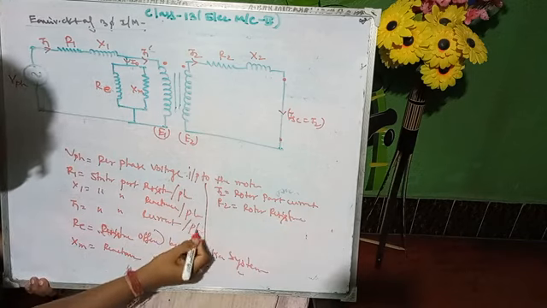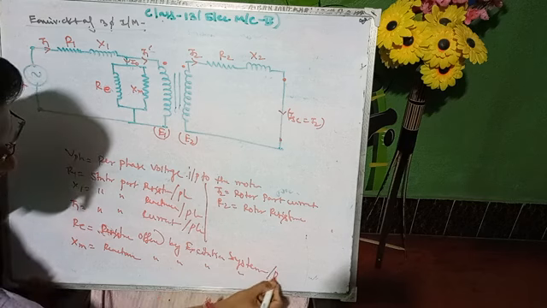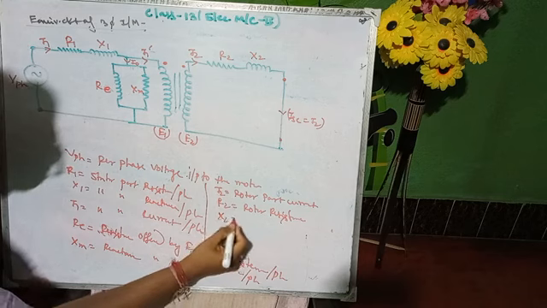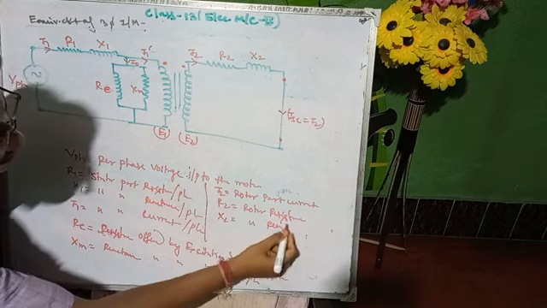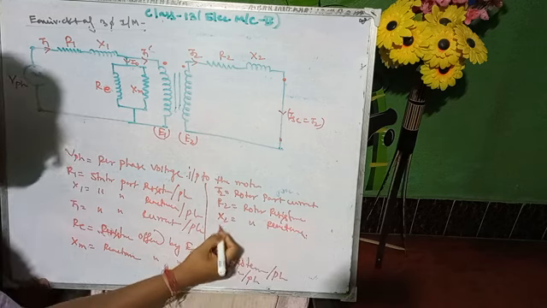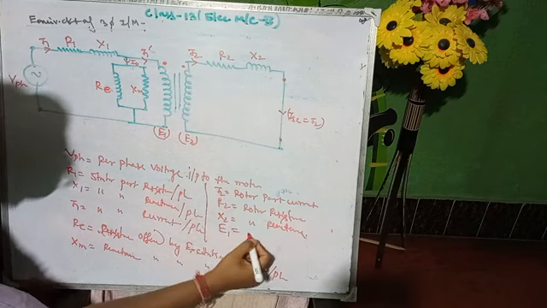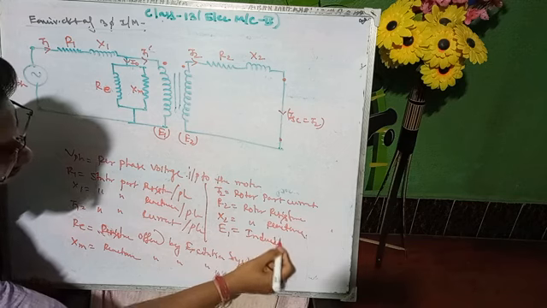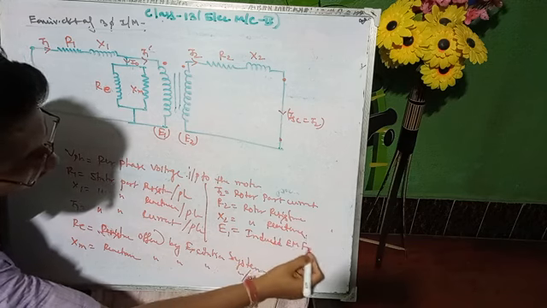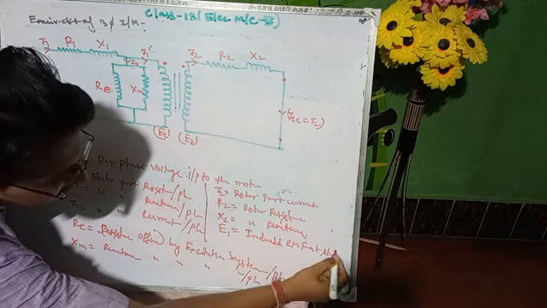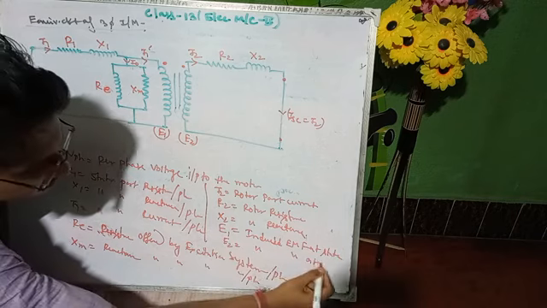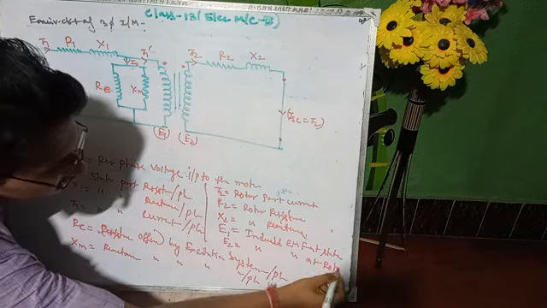X2 equals the rotor reactance, E1 equals the induced EMF at the stator, and E2 equals the induced EMF at the rotor.